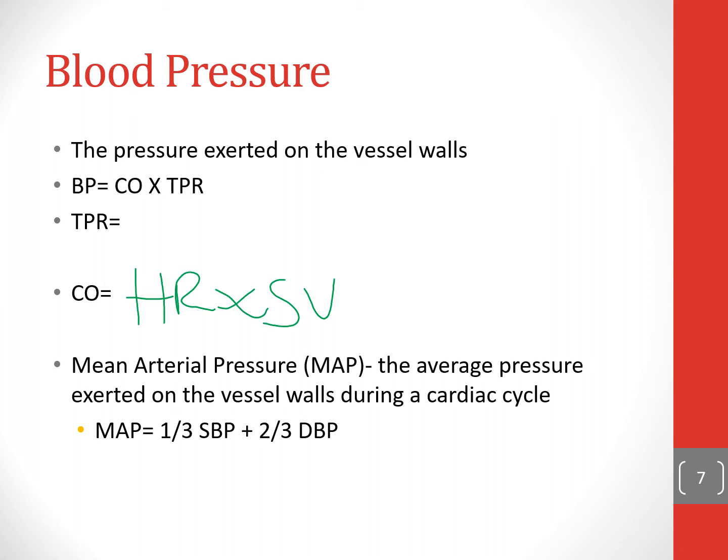So again, how much resistance must this fluid overcome tells us one major component of what blood pressure is. Okay, so again, the two sides of the coin are how fast or how much water is flowing through the tube, and what are the components of the tube itself. So again, we need to know how much resistance must be overcome.